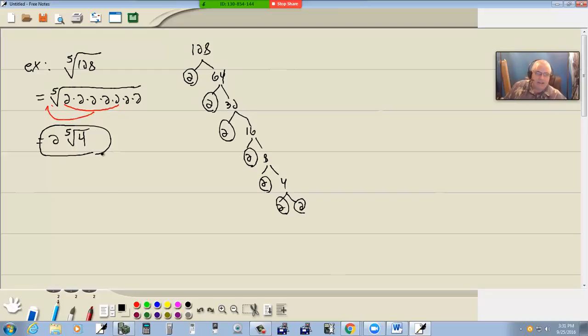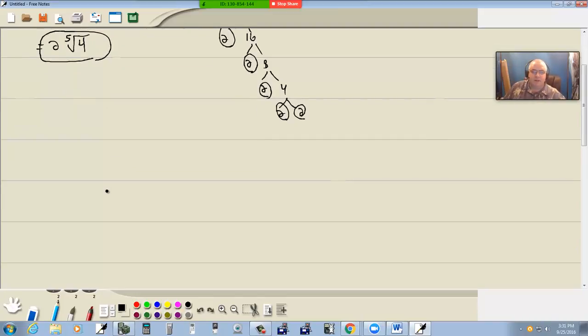Now it gets kind of tedious if you got a lot of variables. So let's talk about those. Got third root of x to the 13th, y to the 21st. I could write out 13 x's and 21 y's and then figure it from there, but there's a shortcut for it.